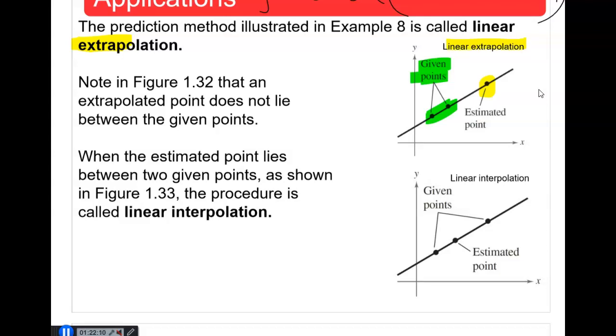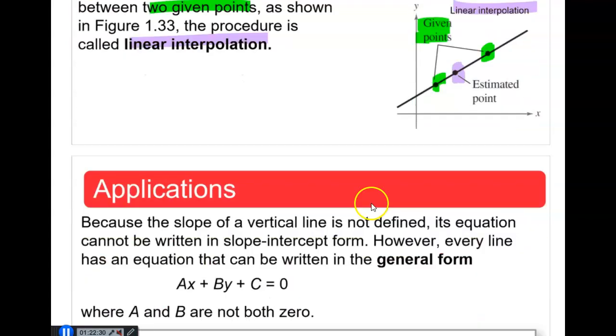Now for the linear interpolation, we have two given points again, here and here. Those are the two given points, and then the estimated point is going to be in between them. So then we call that interpolation.